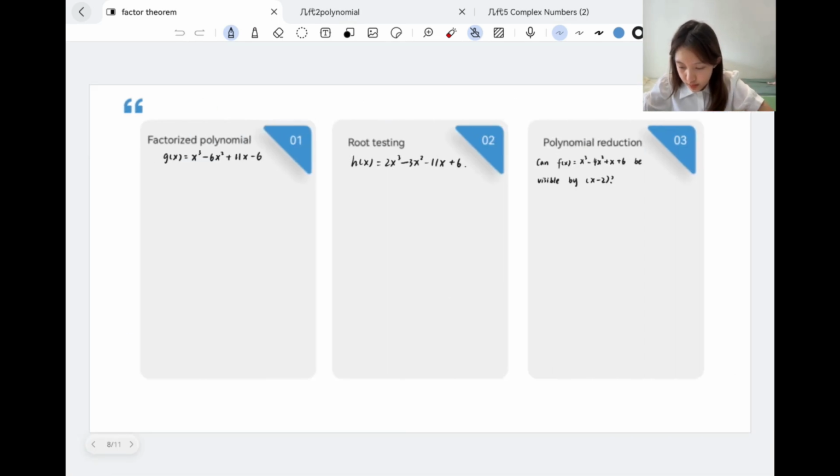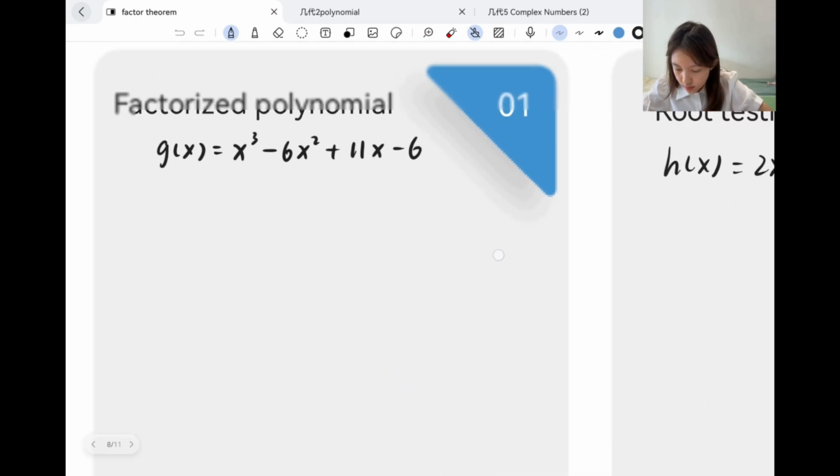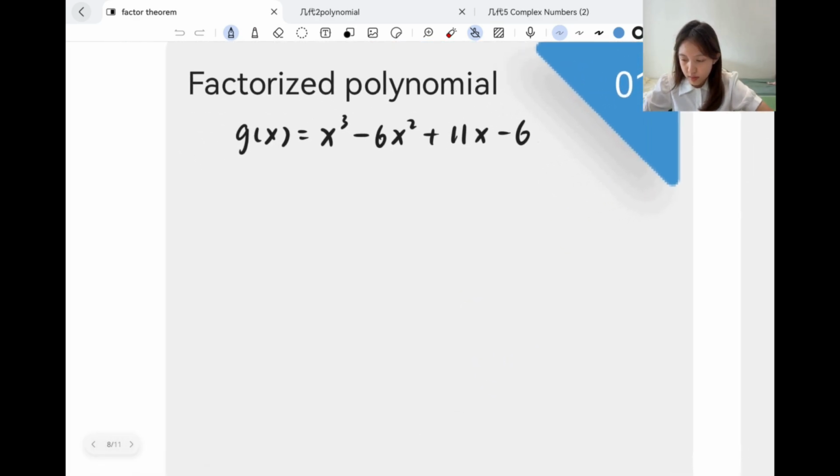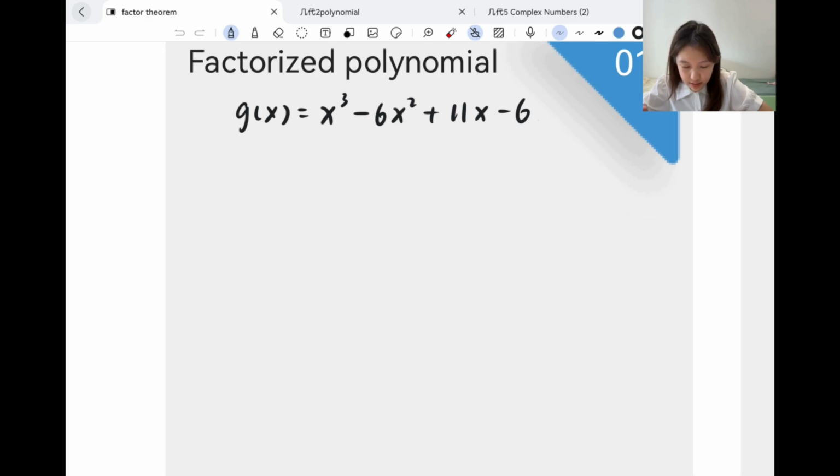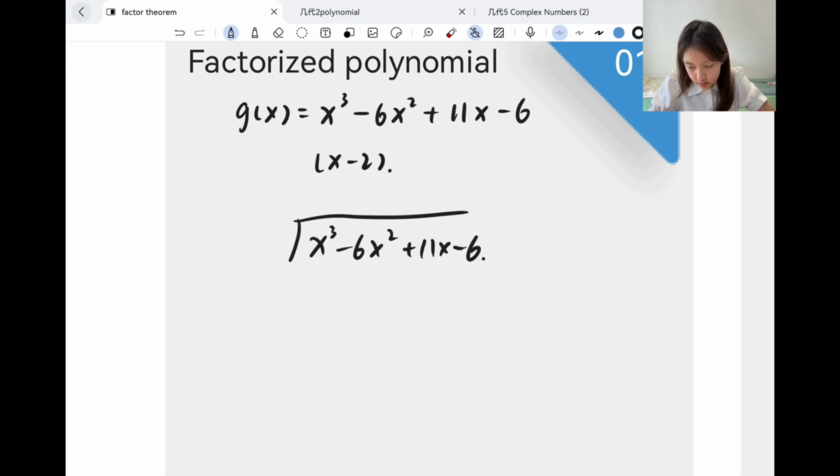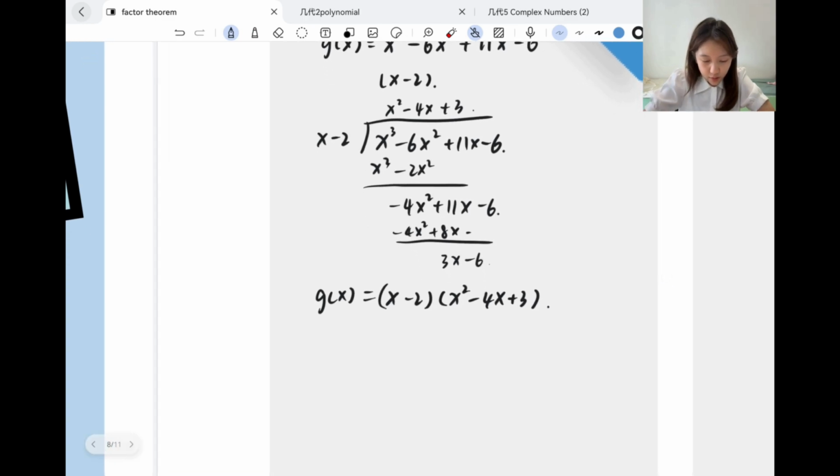Let's see this application. The factor theorem plays an important part in factorizing polynomials. We learn that x minus 2 is a factor of g(x). Then we use long division. It can be written like this, and x minus 2 being a factor is true.